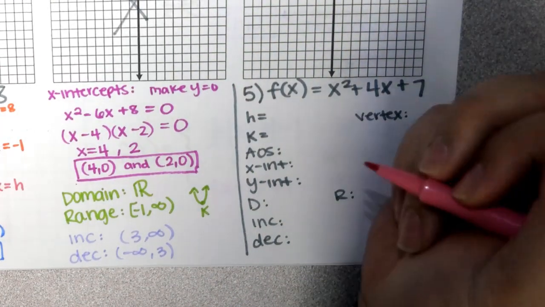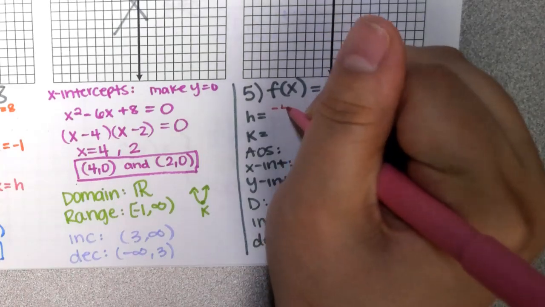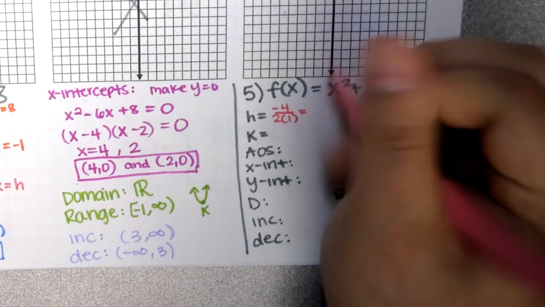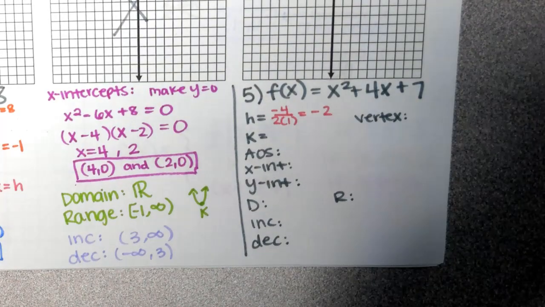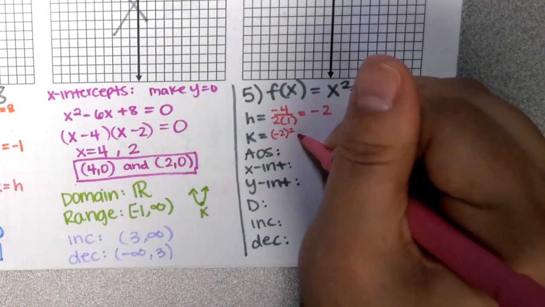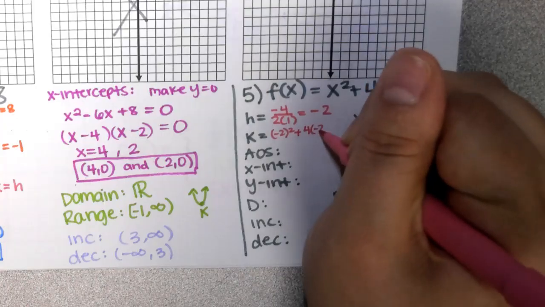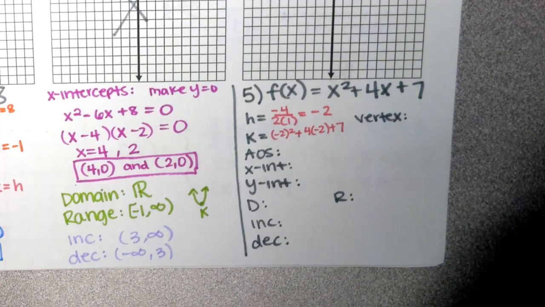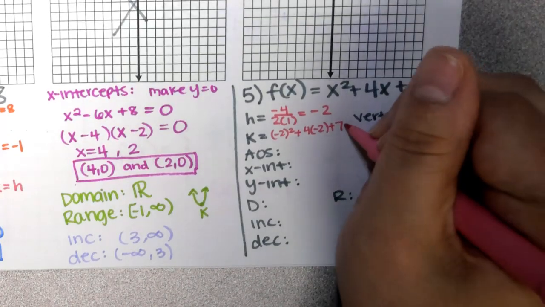Alright, what'd y'all get for H? -4, negative B over 2A. Y'all got -2? Yes. And K? -2 squared plus 4 times -2 plus 7. -8 plus 4, -4 plus 7.